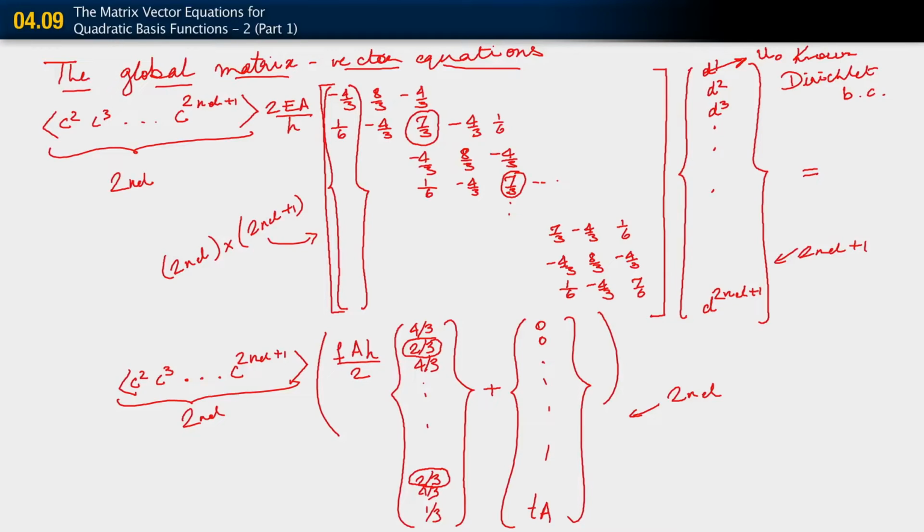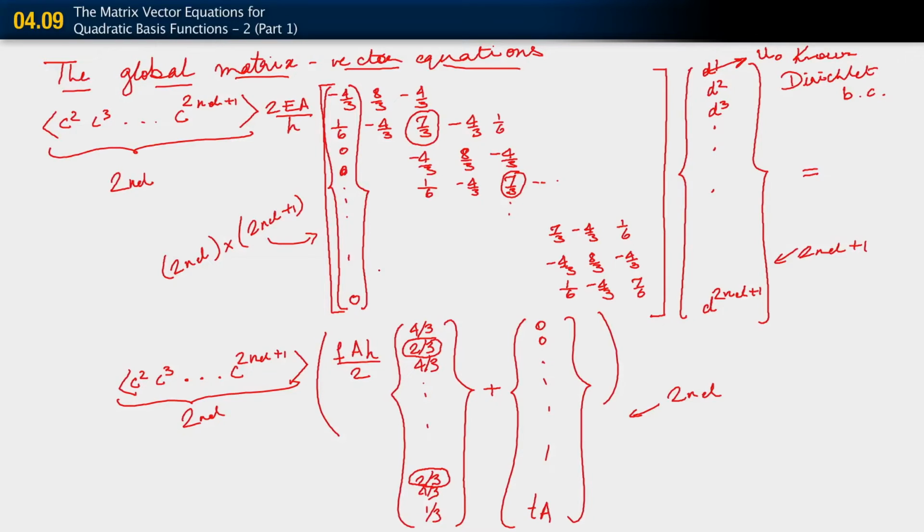Also note that because of the sparseness of this global matrix, we have zeros here, zeros all the way down. So we can considerably simplify our problem by moving this column that I've just marked out in the big matrix to the right-hand side.